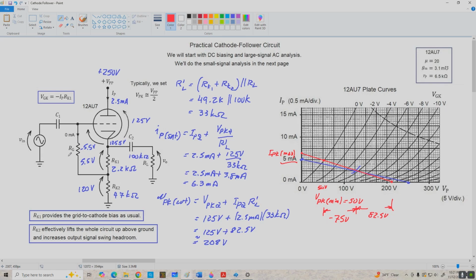But remember, normally R sub G is a very large value, at least 470 k ohms typically, and often 1 megohm. So that's large enough that we can disregard its effect on the AC load resistance external to the amplifier here. All right, so now let's go on over to the next page and we'll do some small signal analysis of this amplifier.